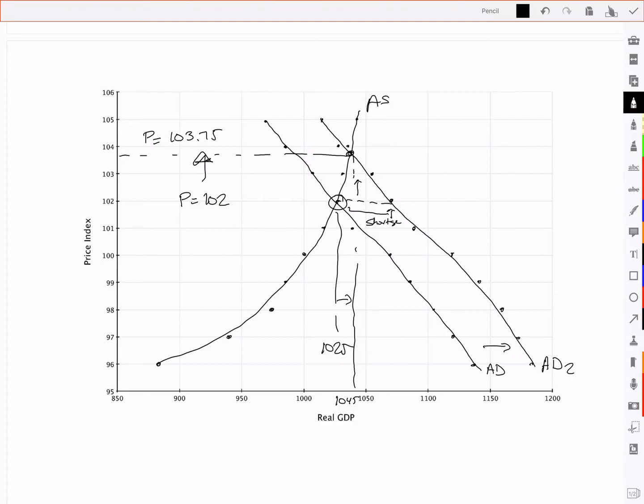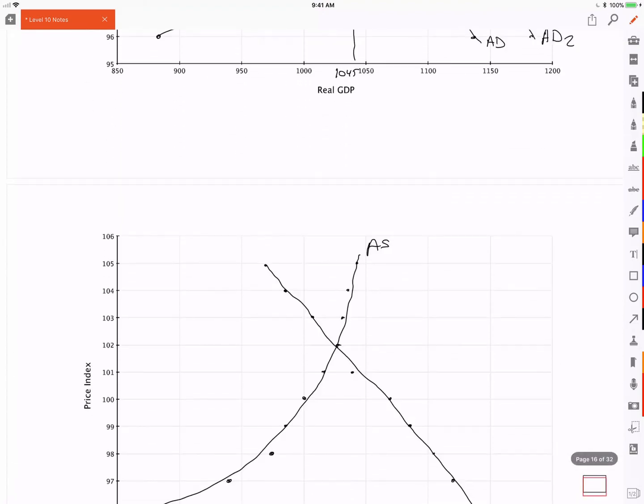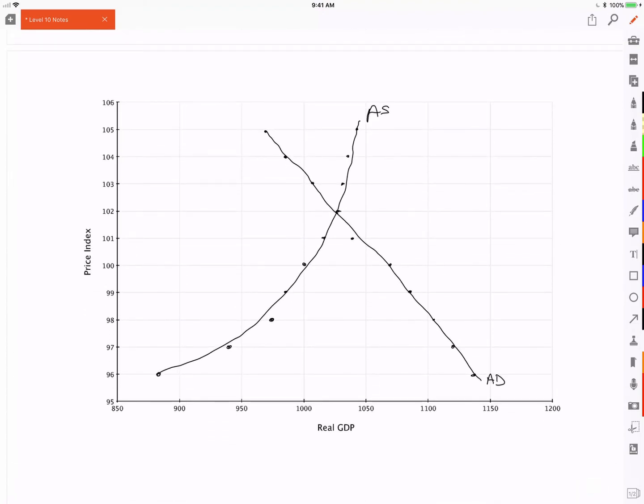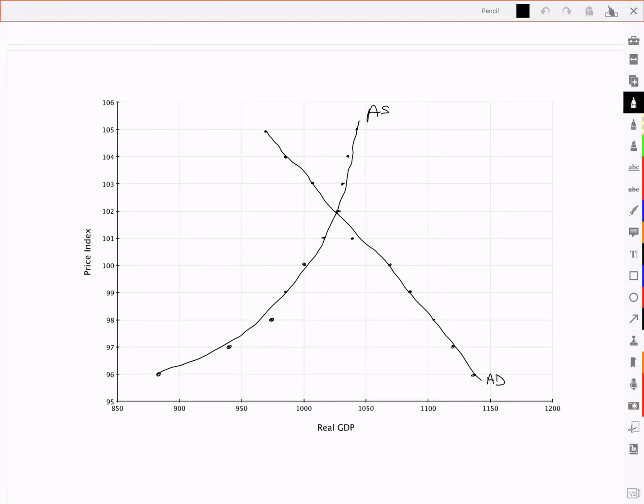Well, what happens if you increase aggregate supply? So we could take our same graph here, and instead of changing aggregate demand, we change aggregate supply. So let's see a $50 increase in aggregate supply. And so we're going to shift everything over by 50.